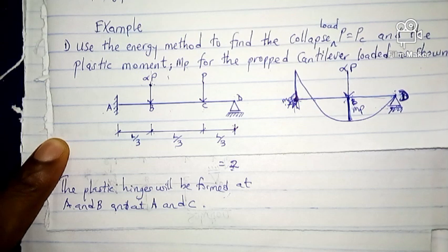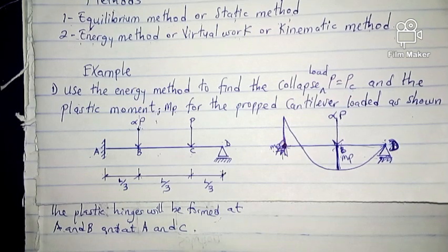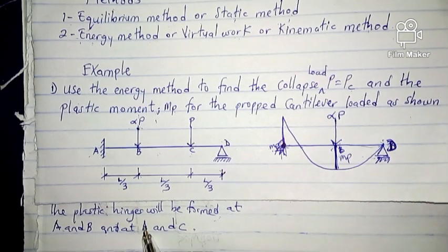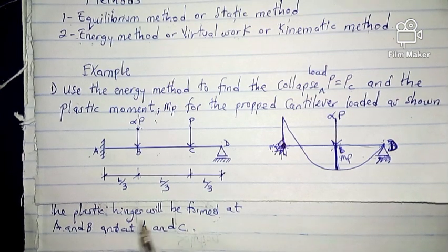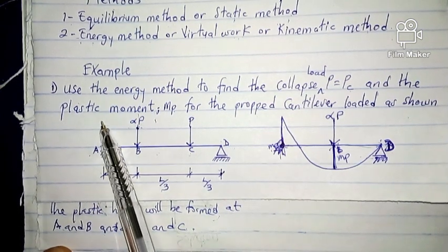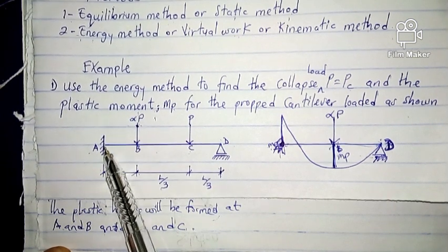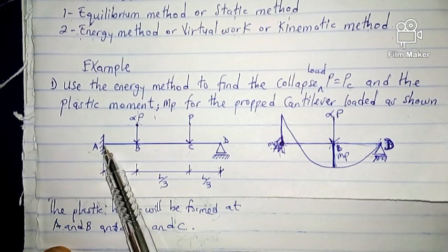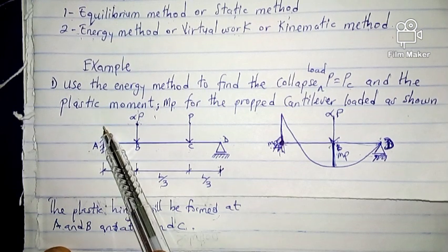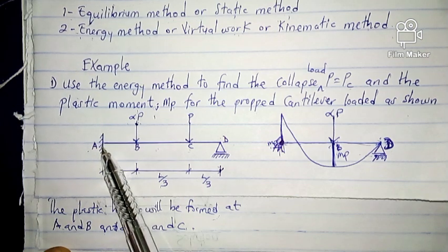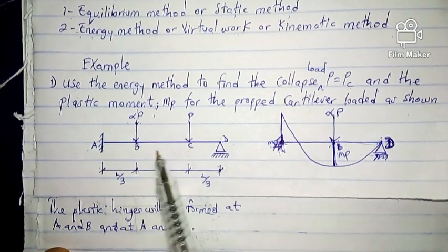And also, you're going to have a plastic hinge at A and C. At this place you have a moment. There will be a maximum moment occurring at this joint, at this support. There will be a maximum moment here, and also at this place.